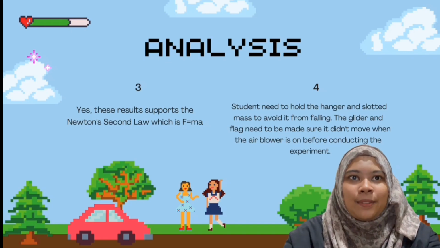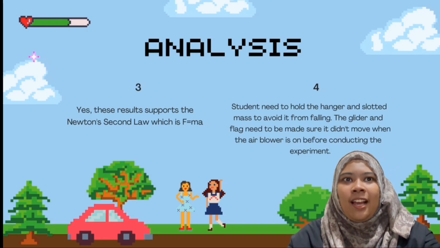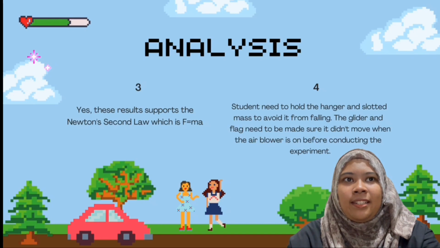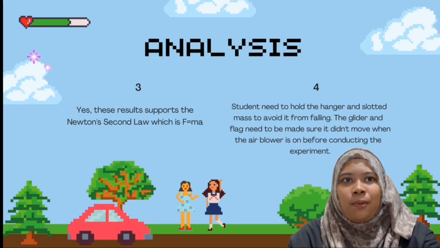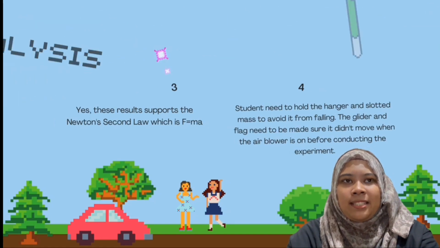For the last question, the errors that we got from this experiment are that students need to hold the hanger and slotted mass to avoid it from falling. The glider and flag need to be made sure they don't move when the air blower is on before conducting the experiment.